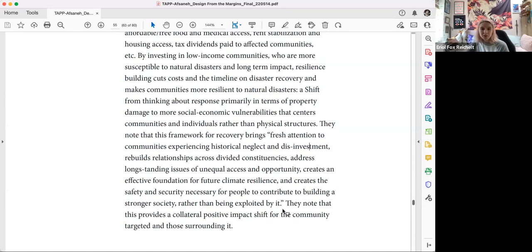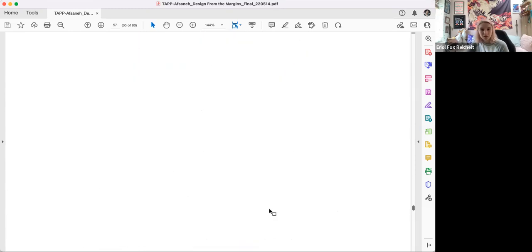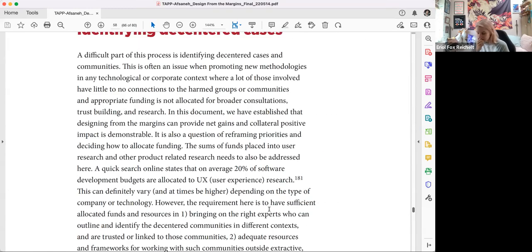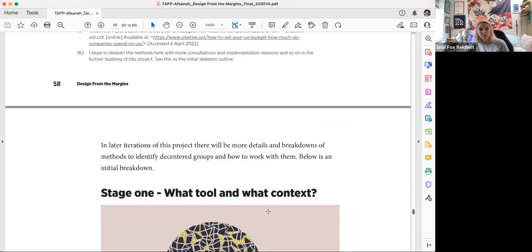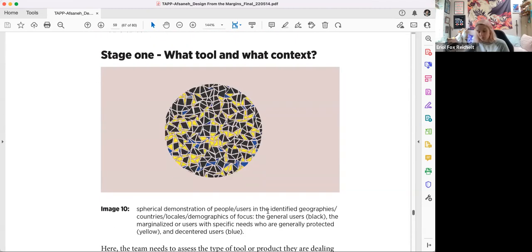The last section is about identifying decentered use cases, which I admittedly found very, very difficult to break down. But it breaks it down into stages, like stage 1, what tool and what context, which makes a lot of sense. Like, what are you trying to do? It goes back to those questions in one of the case studies.